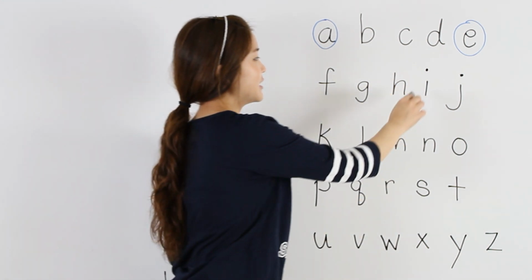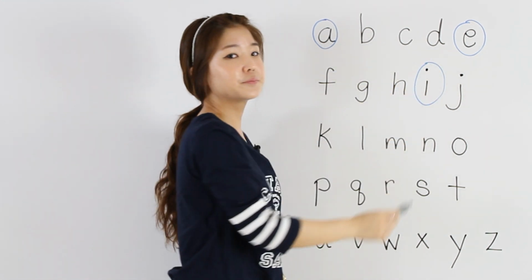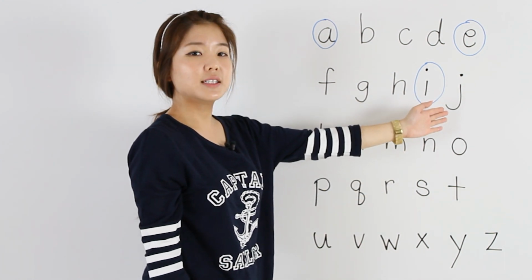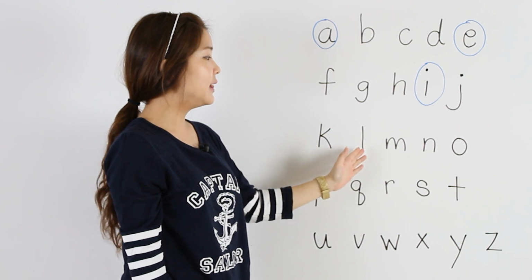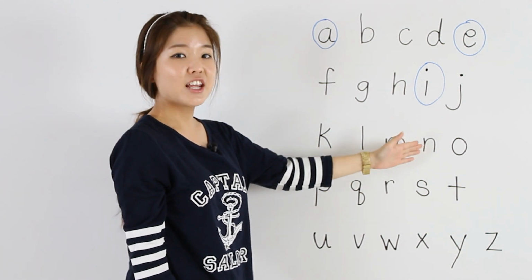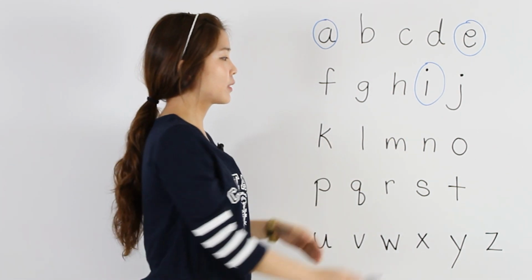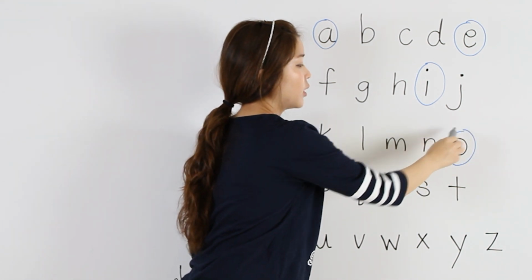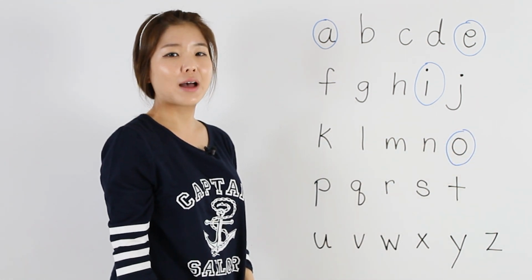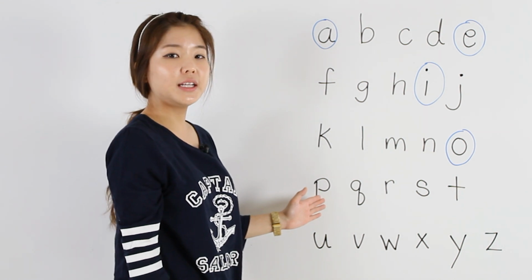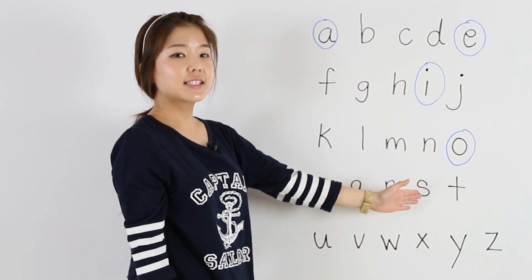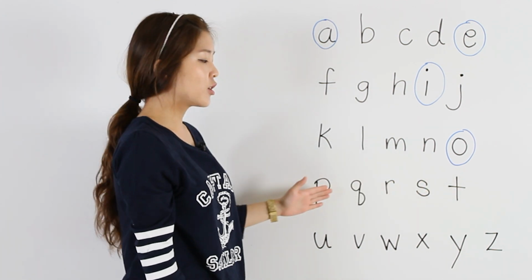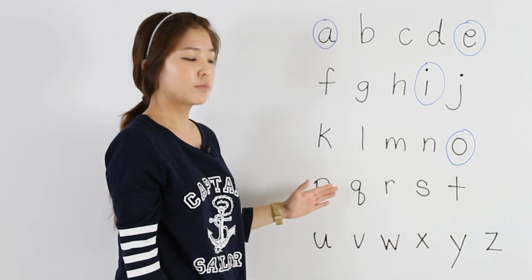I is another vowel. J is a consonant. K, consonant. L, M, N are consonants. O is another vowel. P, Q, R, S, and T, these are all consonants.